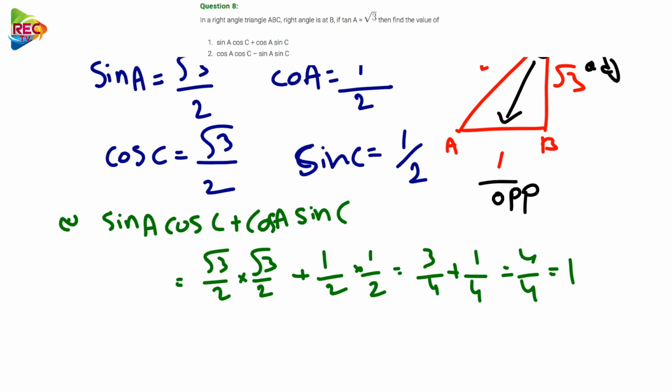So sin A cos C plus cos A sin C value equals 1.